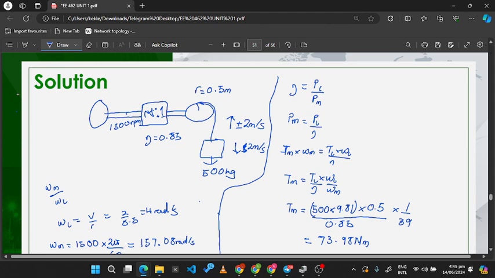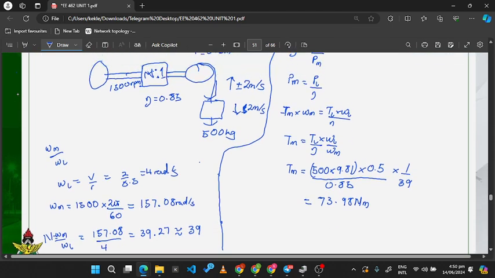But when it's lowering, it's the weight that is now driving the motor because it is falling on its own. So this is where the force is generated, and then that power is transferred to the motor. So the motor works as a generator in this case.